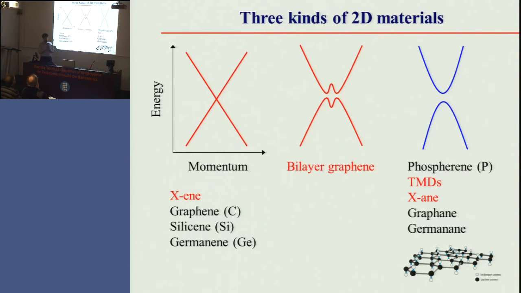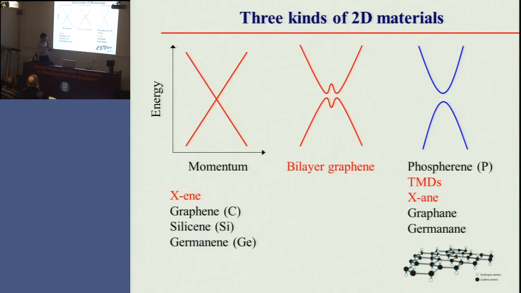There are three kinds of two-dimensional materials based on the band structures, and here I categorize them like this. The first one is the material without band gaps, which also shows a linear energy-momentum relation, or dispersion.